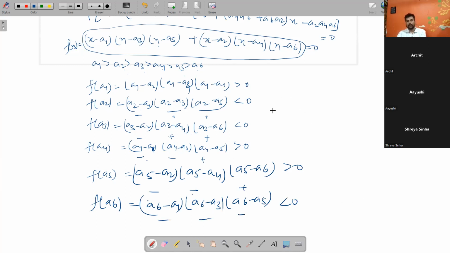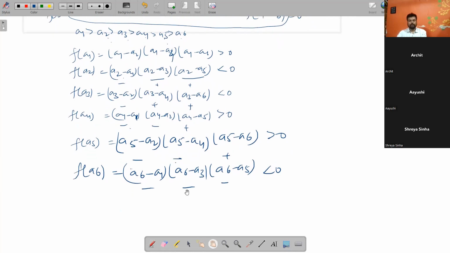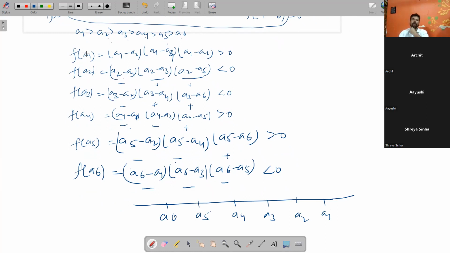Now you see one thing. Just draw a number line: A6, A5, A4, A3, A2, A1. A1 is the largest value. The value of this function at A1 is positive, so the graph will be somewhere here.